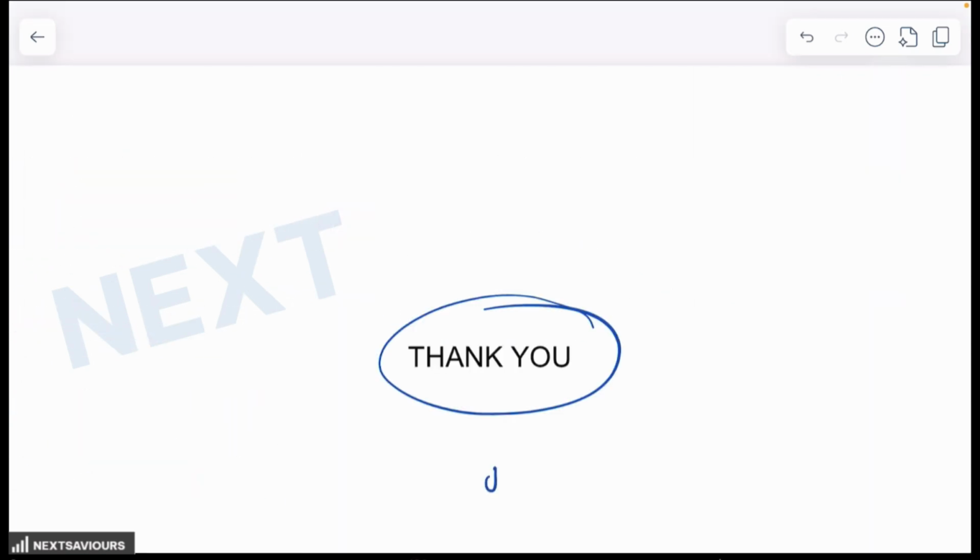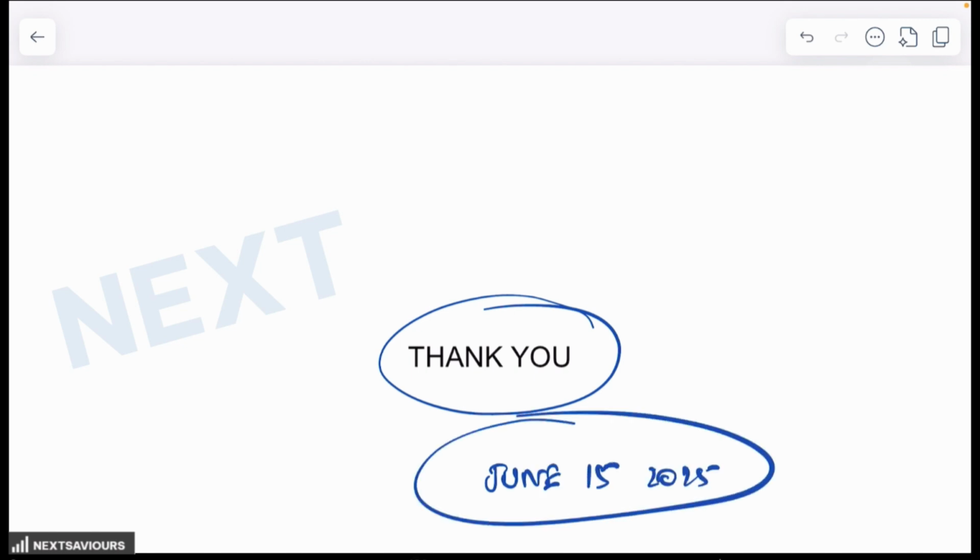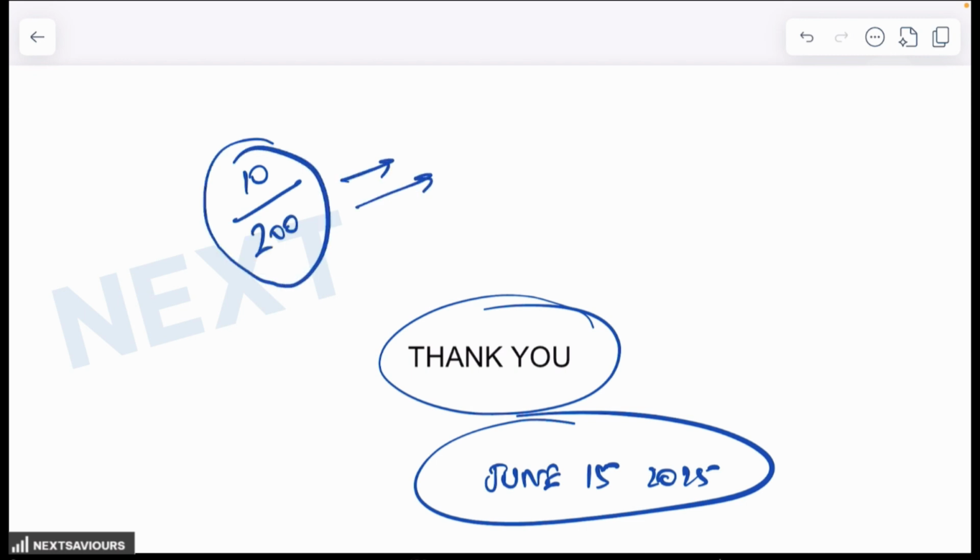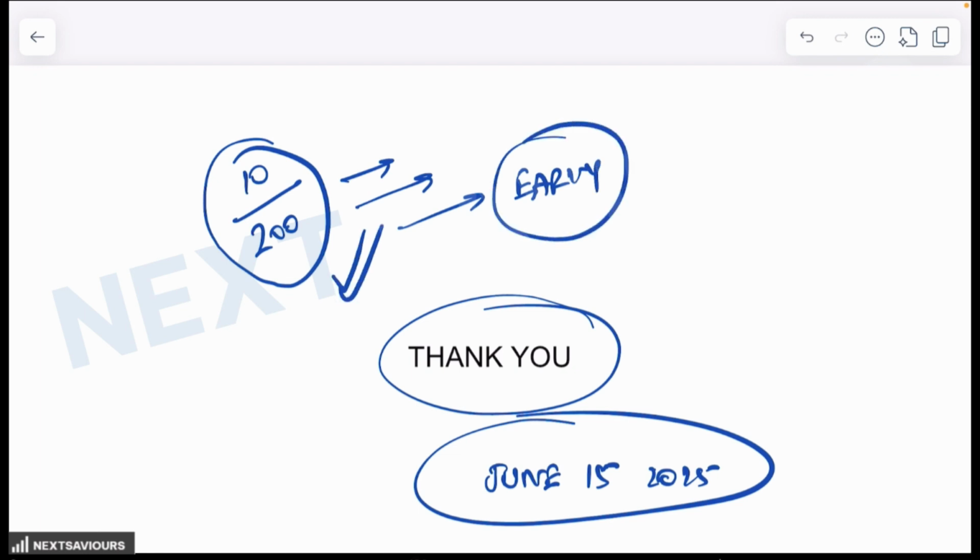It has been already announced that June 15th of 2025 is your NEET PG examination. What is the most important thing for you to prepare regarding these examinations is that on the day where you are facing the screens, at least 10 questions in a row in the beginning of the examination itself should be identifiable. 10 out of 200 questions, if you are able to identify in a row early in the examination, that means you are done.